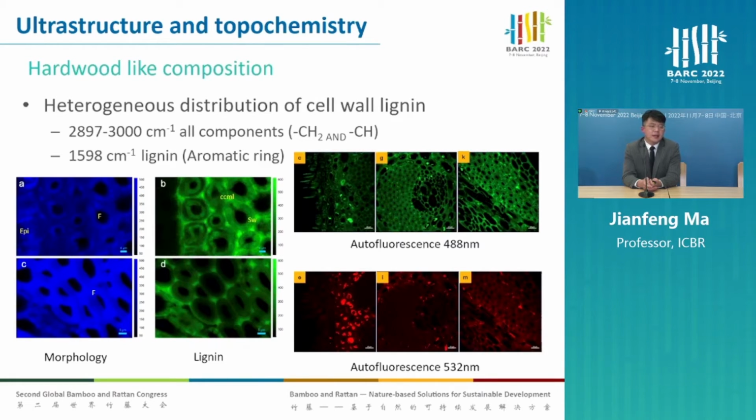Also, we used confocal laser scanning microscopy to observe the lignin distribution within the cell wall layers. We can see that there is a high level of lignin concentration in the cell corner, medulla, and the outer layer of the fiber cell wall.